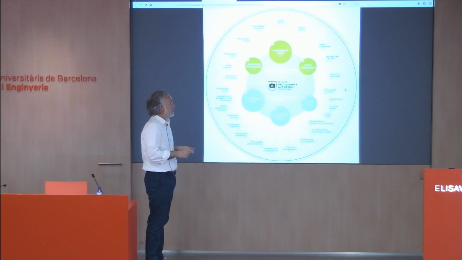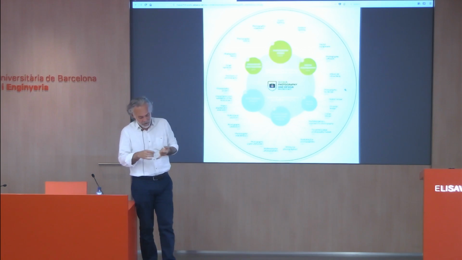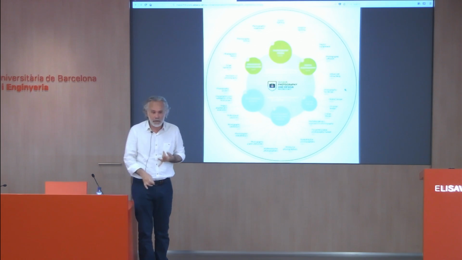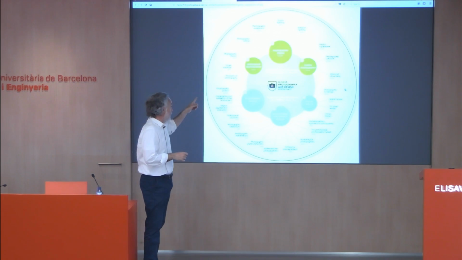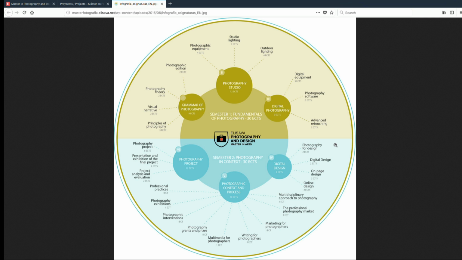We have projects, sometimes daily projects, sometimes weekly projects, sometimes monthly projects. In this first part of the course, normally we have like 2-3 projects at the same time with different lengths, with different topics. We do landscape photography, we do still life photography, we do portraits.